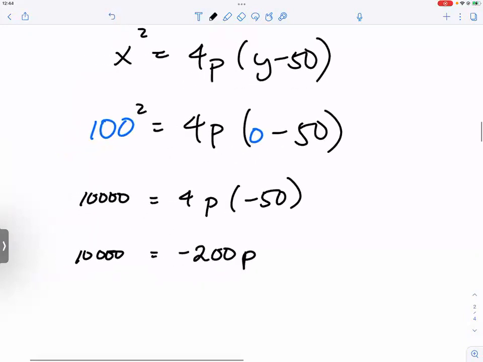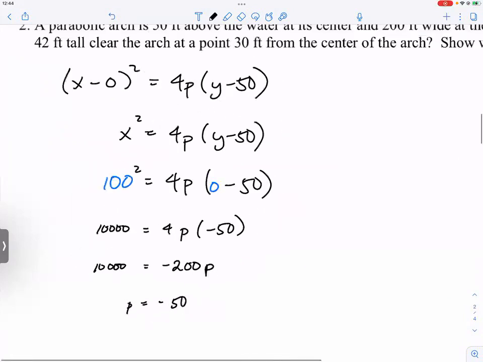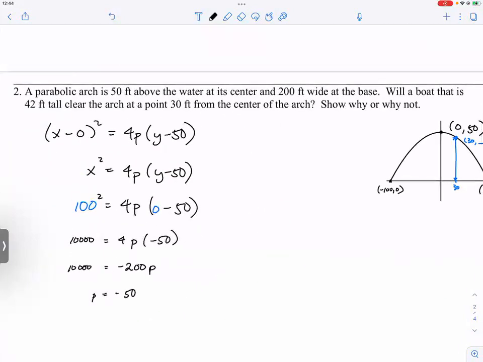So what's p? Divide by 200, so you have p equal to negative 50. Okay, that's your p. And that means x squared equals negative 50 times 4, which is negative 200, times (y minus 50). So that's the equation of the arch.